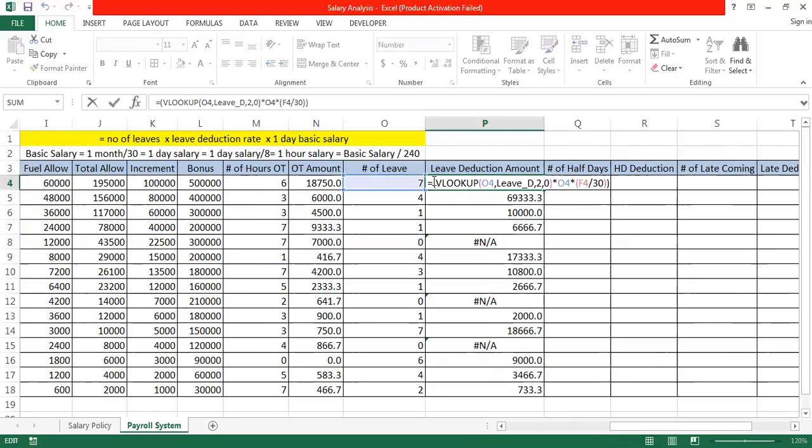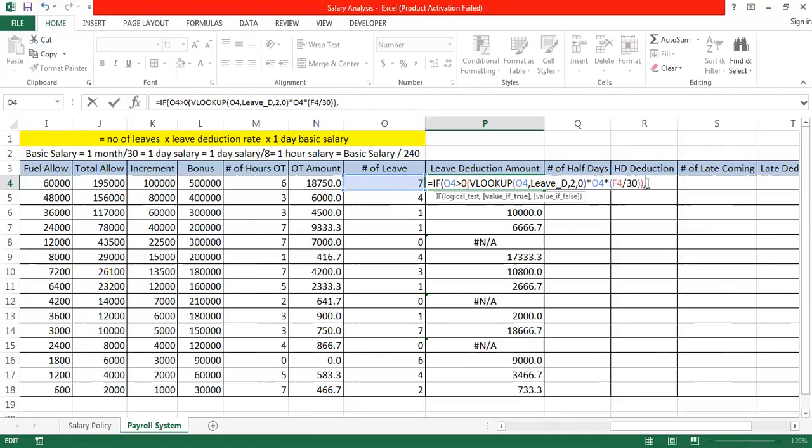So is equals to if number of leaves, if this is number of leaves greater than zero, more than zero, greater than 0, 1, 2, 3, apply this formula.